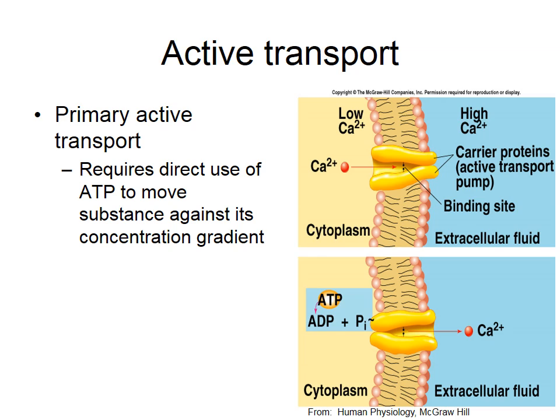Our cells expend energy to set up that gradient, and they use calcium ATPases, or calcium pumps. Calcium inside our cell is going to bind to one of the calcium ATPases. That ATPase is going to cleave the phosphate group off of ATP and use the energy from that exergonic reaction to pump calcium out, to pump calcium where it doesn't want to be.